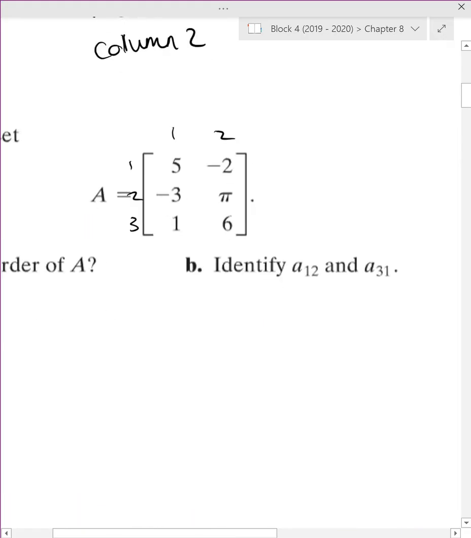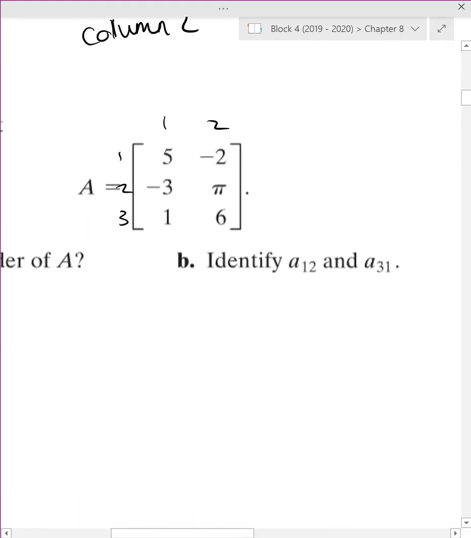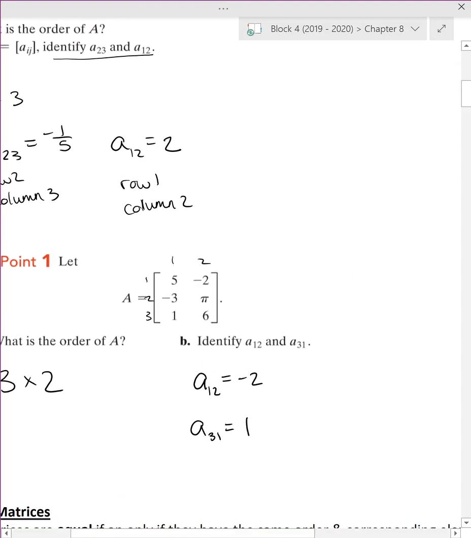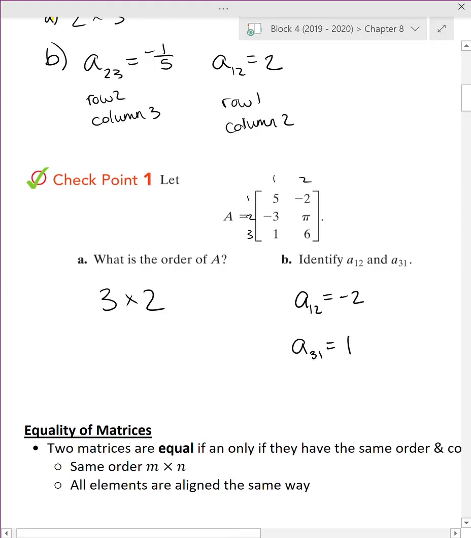Now, when we identify A12, remember that means row 1, column 2. That's negative 2. And then A31, we're talking about row 3, column 1. And that's the number 1. So that's just a little introduction to figuring out size as well as specific elements that we would like to identify. Those would be kind of multiple choice questions.